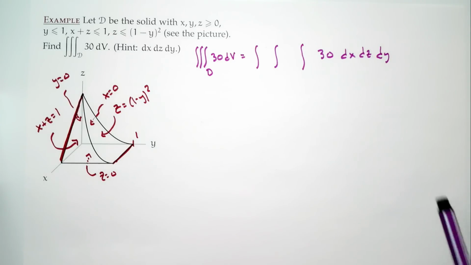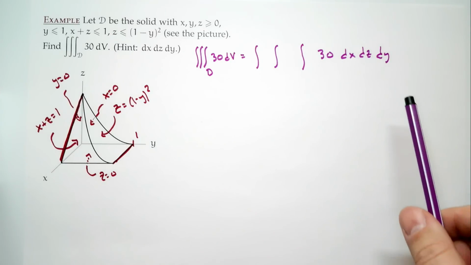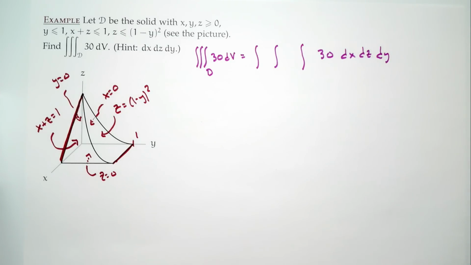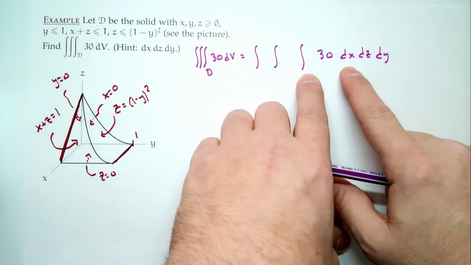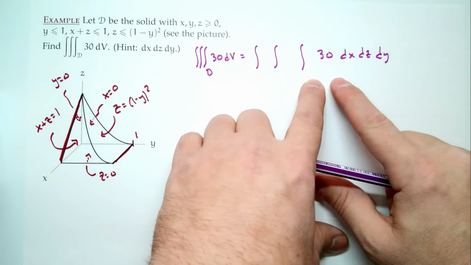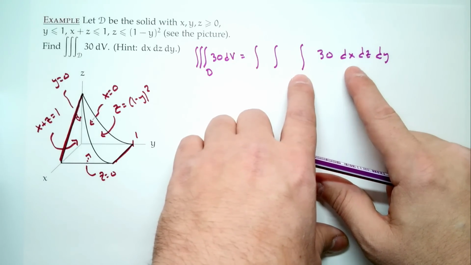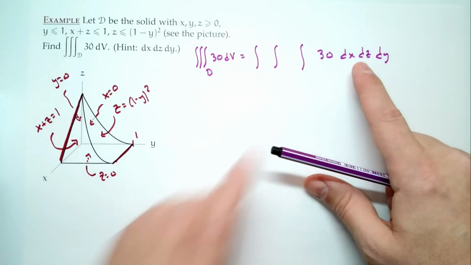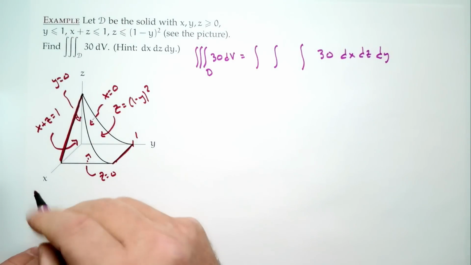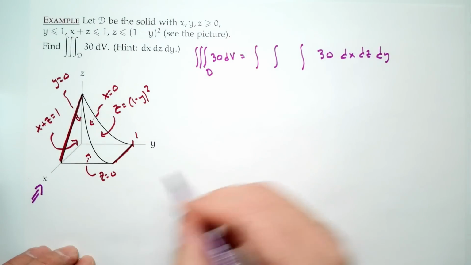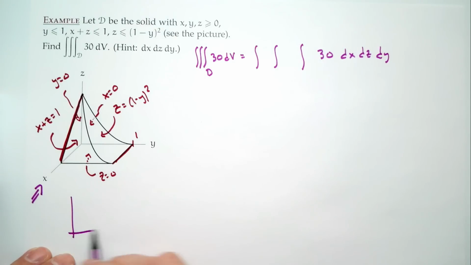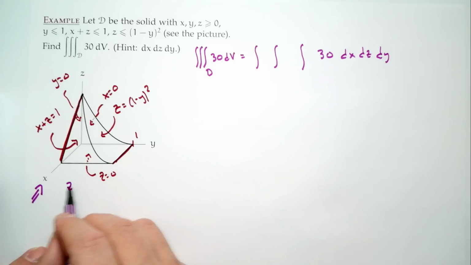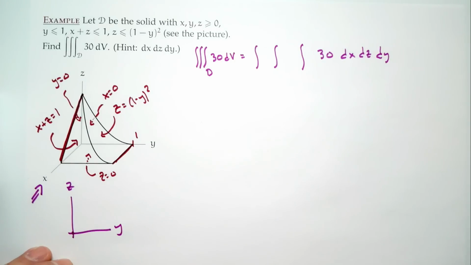So if we were to start the process to label things, what's the last thing we're going to label? Well, the last thing we'll label is the x, because we work from the outside in, which means we should look down the x-axis. As we look down the x-axis, what will we see? Well, we're going to see y and z. The x-axis is just that point.